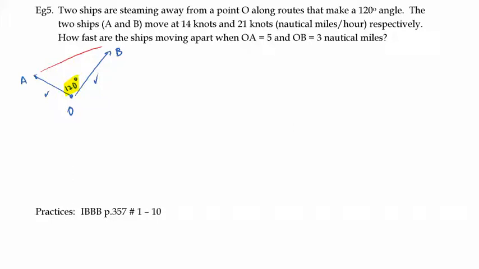Based on what is given, I will probably use the cosine law to figure out how far apart these two ships are moving. So if I consider this triangle as OAB, then using the cosine law, I can set up an equation that looks like this.